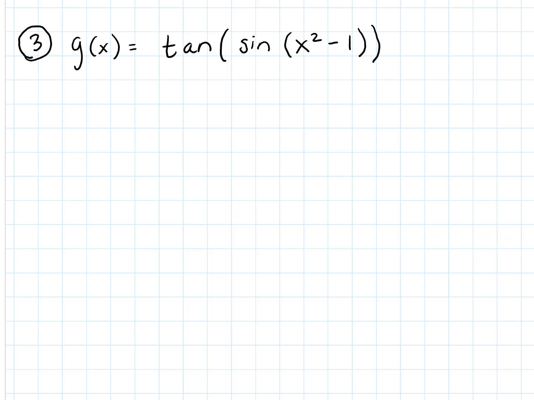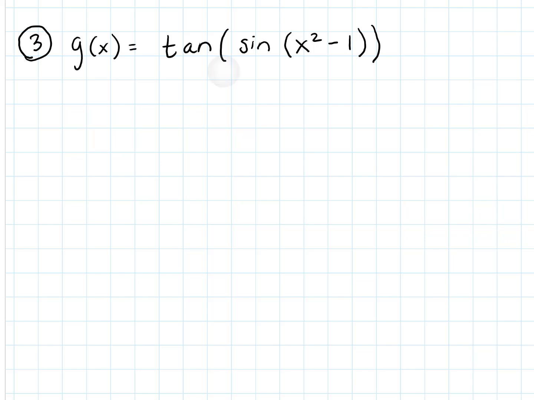All right, so let's get back to looking at another example, an example that has some layers to it, some complexity to it. Let's take a look at this one. If we have g of x equals the tangent of the sine of x squared minus 1. This is a composition of three functions.